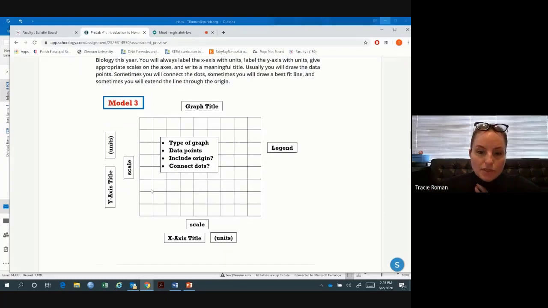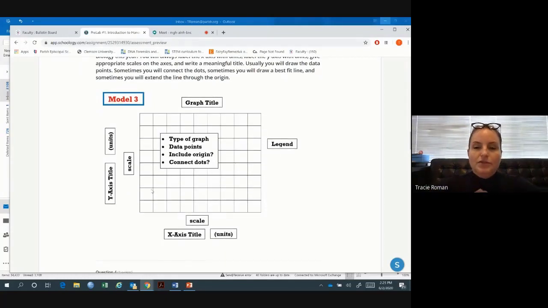So make sure that when I ask you to graph data, you have everything that I've written here in Model 3. You will need a very, very good title, labeled axes, units, appropriate scale, a legend, and then you're going to have to make some decisions on the graph itself.